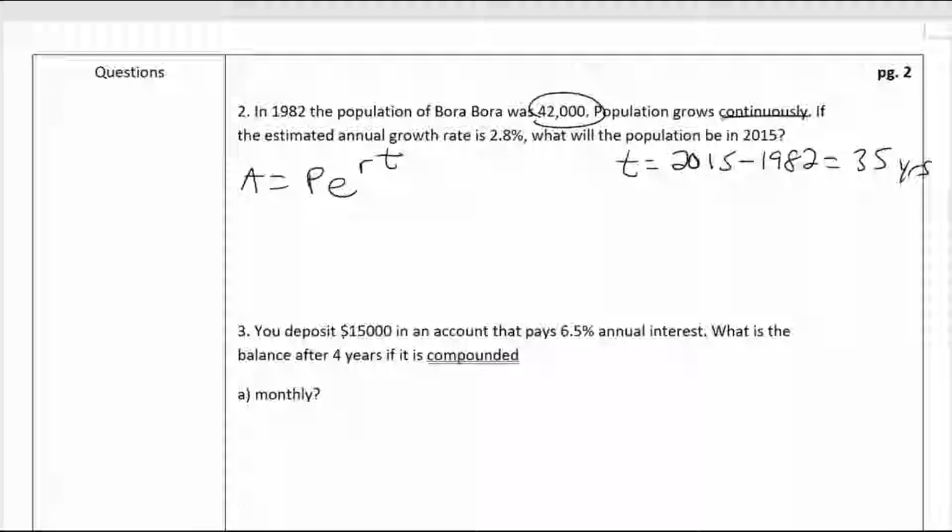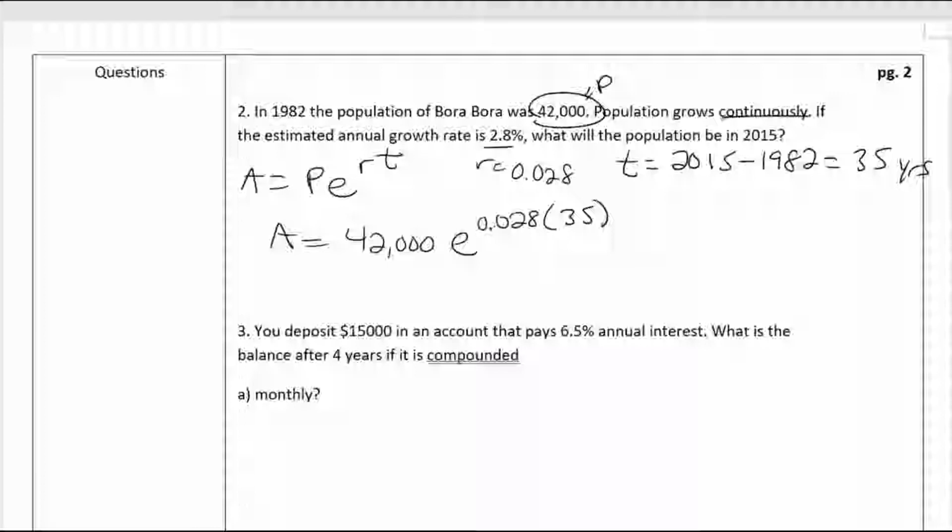The P is how much you start out with, which is 42,000 people. The rate is 2.8% or 0.028. So we can go ahead and plug in these numbers, times 35.